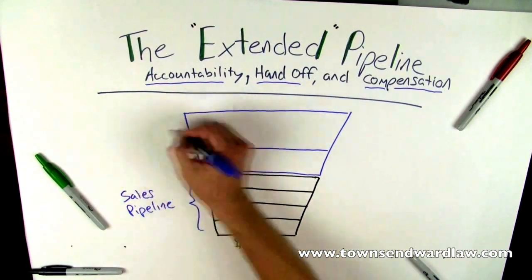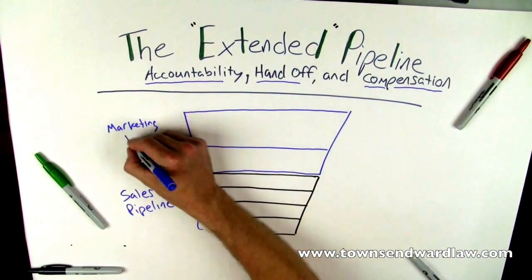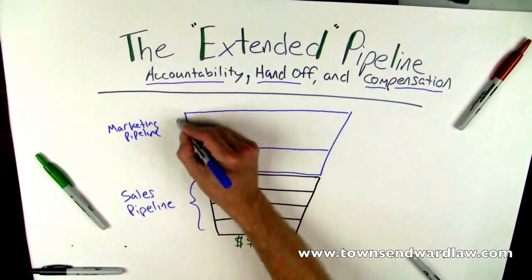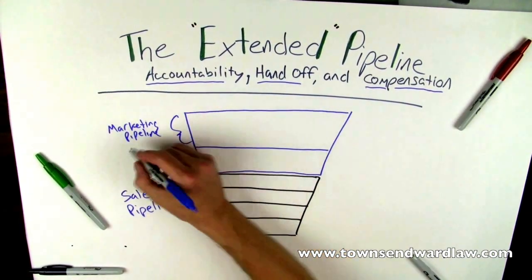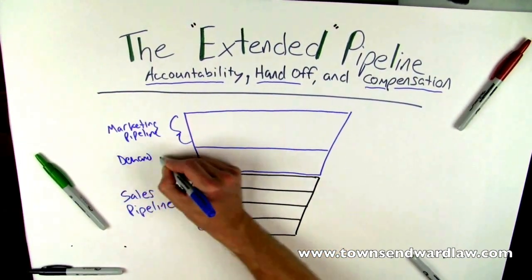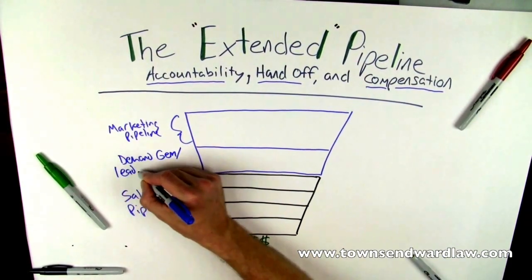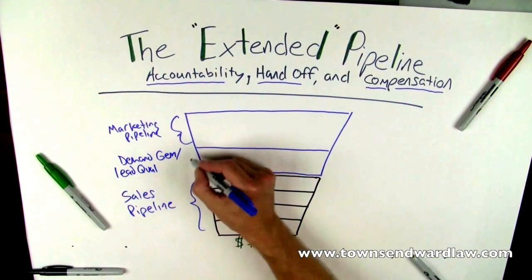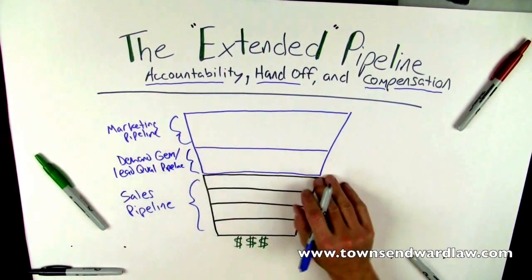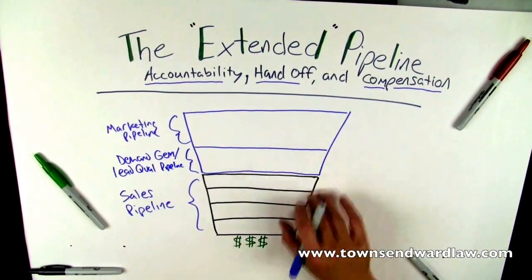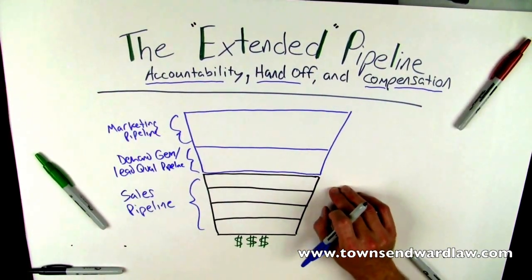So I would call what we have up here a marketing pipeline, top of the funnel activities, and what I would call the middle is, in my world, really a demand gen or lead qual pipeline. Those of you who've visited my blog and seen some writing know that I'm a big fan of essentially segmenting the selling role from opening to closing and trying to maximize your closer and the value of your end-to-end salespeople, if you will.